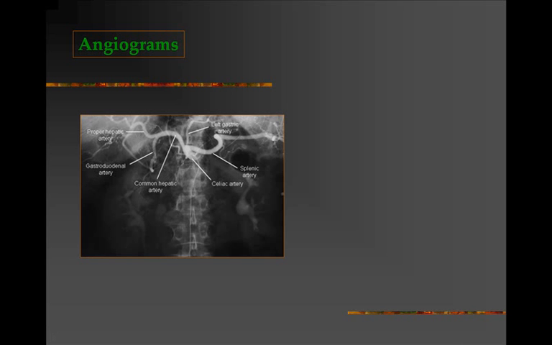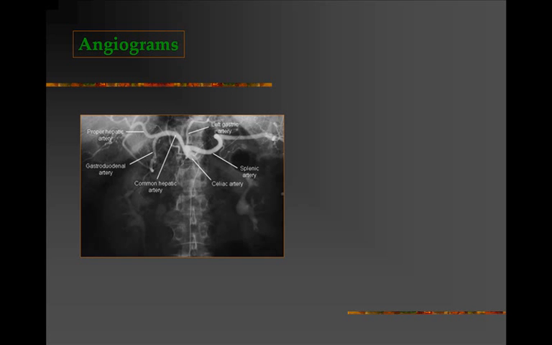Another type of imaging which is contrast enhanced is an angiogram. In this example, a small amount of dye is injected in the arteries. The example shown here has a catheter placed through a peripheral artery, most commonly the femoral artery in the groin, up the aorta, and a dye is injected into the celiac artery.